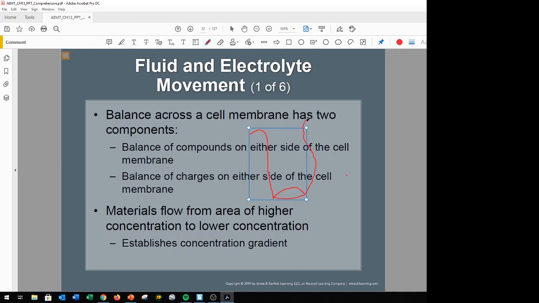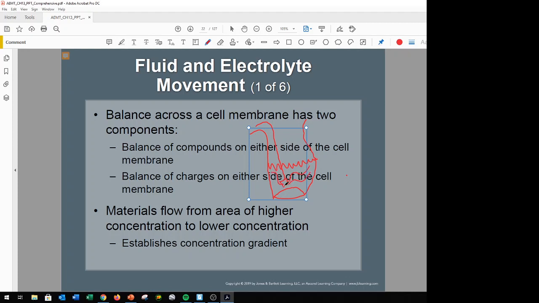So here you have a beaker, and so remember, if you had a water bottle and you were going to put one of those flavor packs in, right? And it drops in here, it's going to dissolve and it's going to change this whole color.